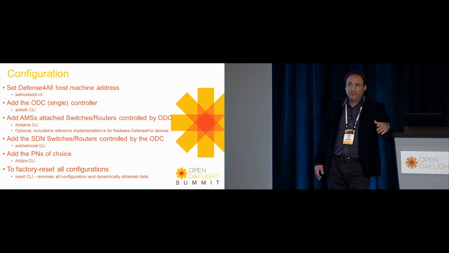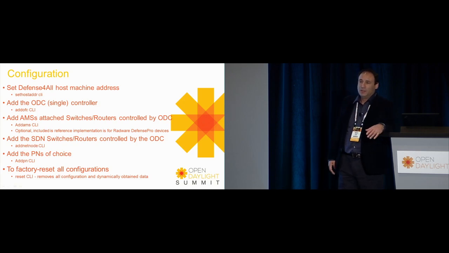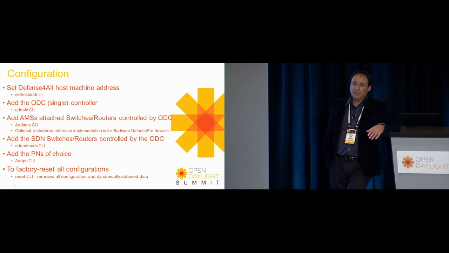Right? You can have as many as you want, up to, I don't know, many thousands or millions. It's not really important. It's just limited by the number of flows you can configure in the switches in the network.